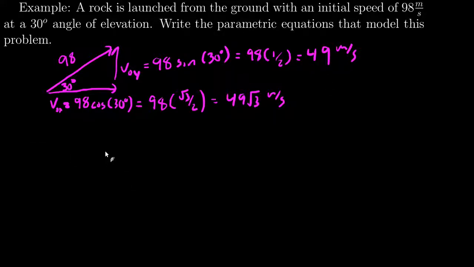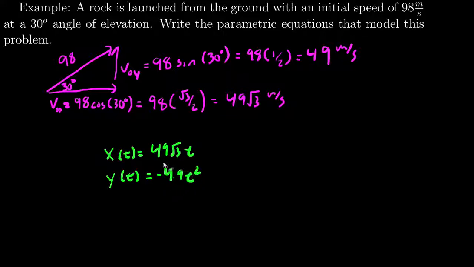That means that x of t will equal 49 root 3 t, and y of t will equal negative 4.9 t squared.